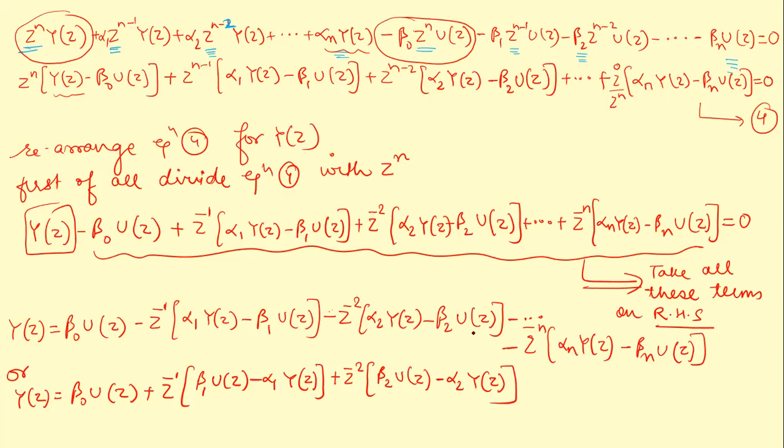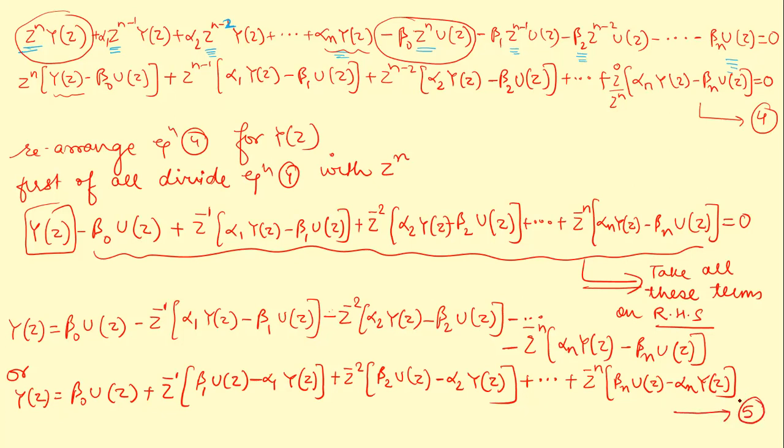So similarly we can simplify the rest of the terms. We have z raised to the power minus n, and we have beta n u z minus alpha n y z, right? Now this is, for example, equation number 5.